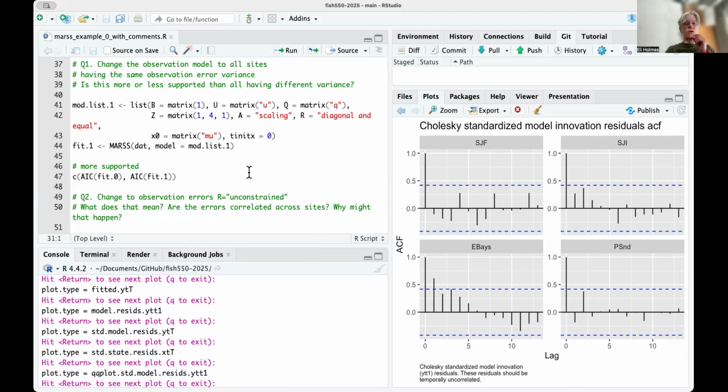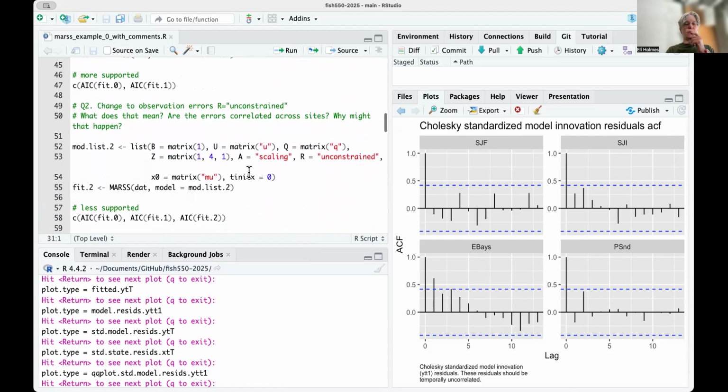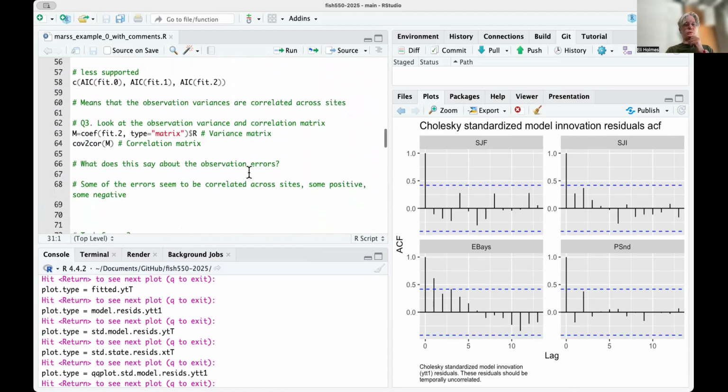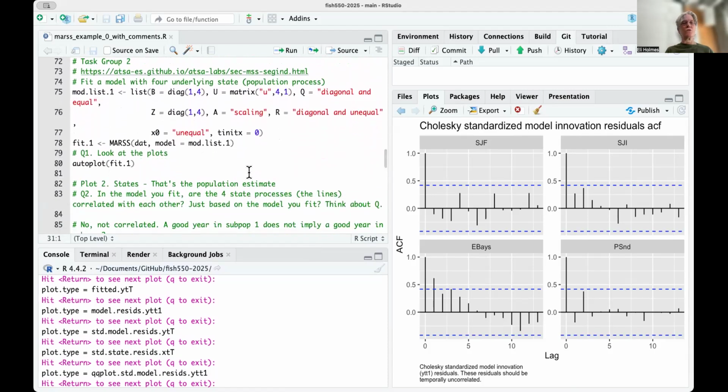All right, so we'll do one more before we break and go into the lab here. Let's do a different one. Let's do a model with 4 underlying states. So instead of having one X there, we're going to have 4.